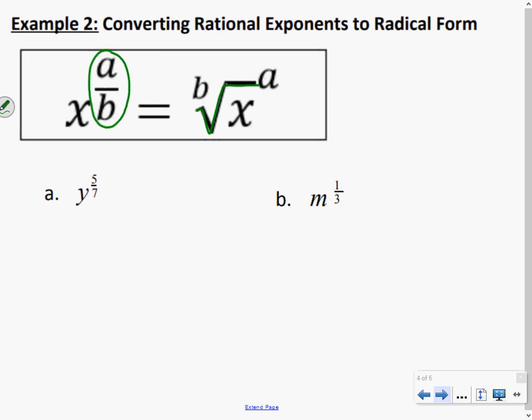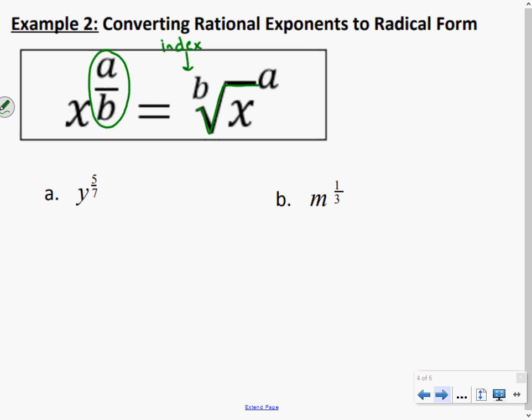And the important thing that you need to know is that the exponent that has that a value and the b value, the a value is going to stay underneath the radical symbol with your base. So we have x to the a power underneath the radical, and then that denominator of the rational exponent, the b value, is going to move outside, and it's going to become the index.